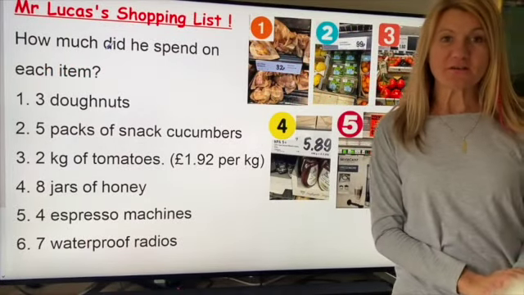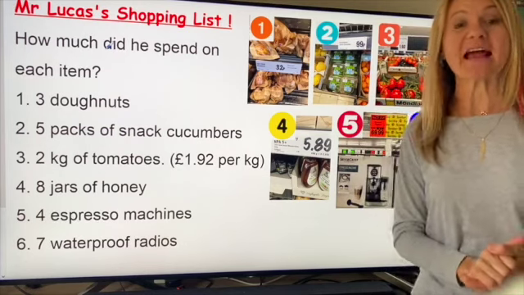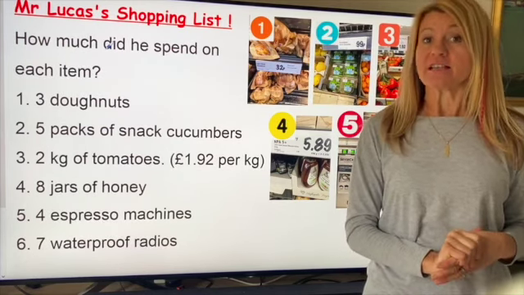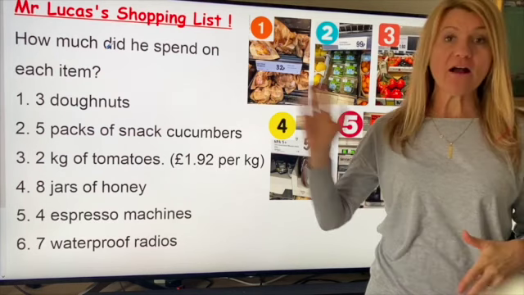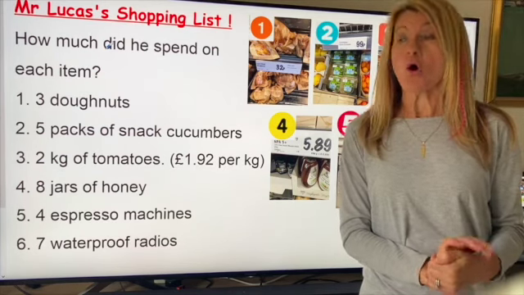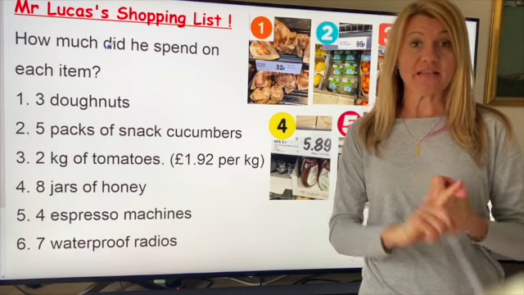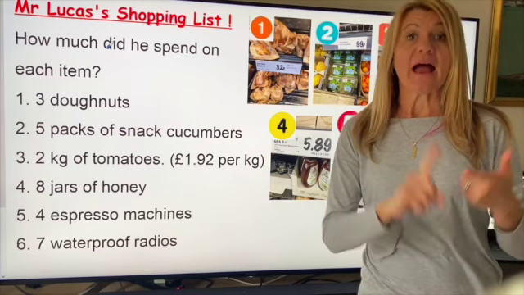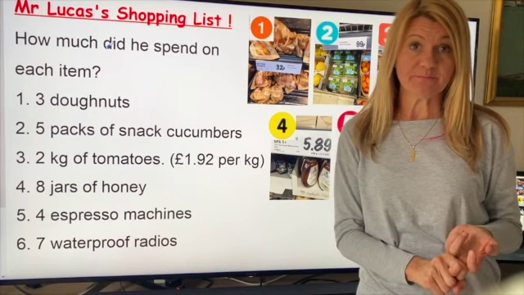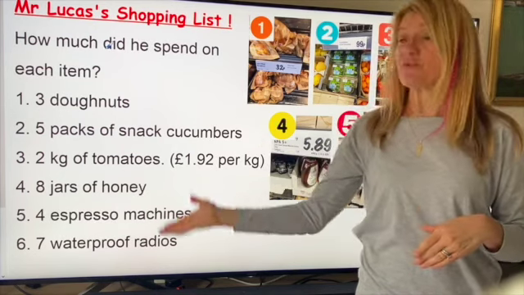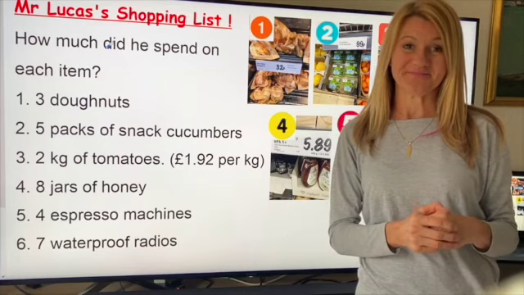Back to Mr. Lucas's shopping list. So it's now your turn to use column multiplication to see if you can work out how much Mr. Lucas spent on each item. Make sure you've got a pencil, a rubber, and a piece of paper. Pause the video so that you can do these 6 questions.